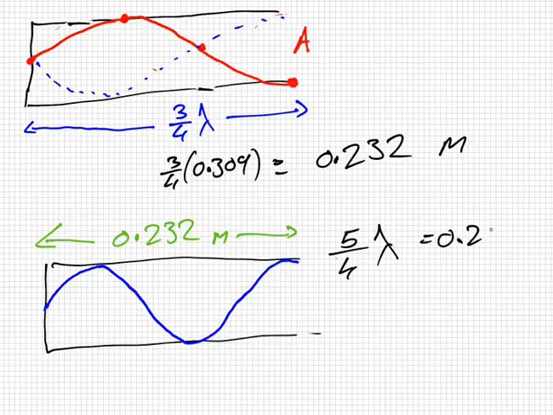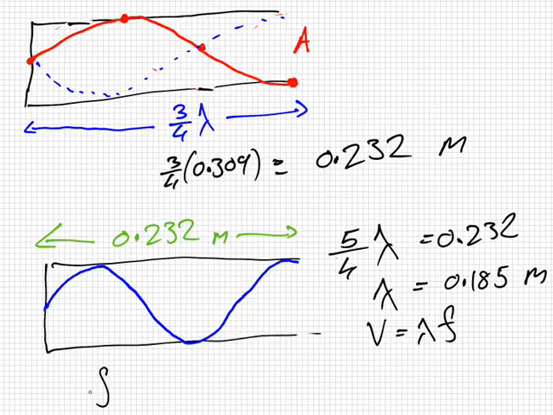So if I go back here, this is the first harmonic. This is the second harmonic, which is not possible because it finishes on a node. This is the third harmonic, which is possible. This is the fourth harmonic, which is impossible. And then this is the fifth harmonic, which is possible.